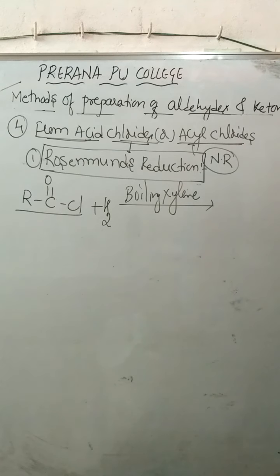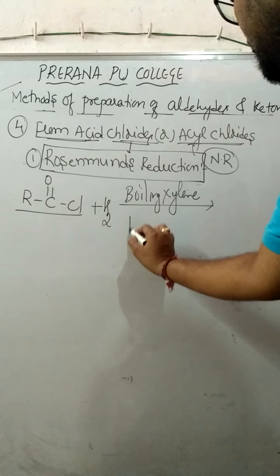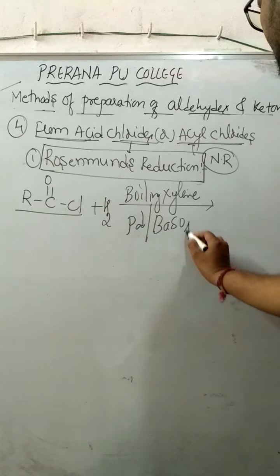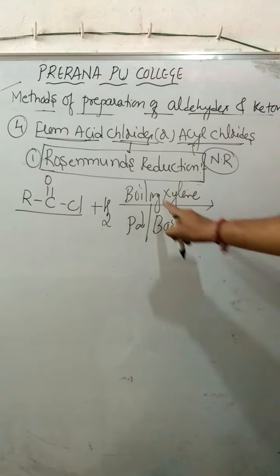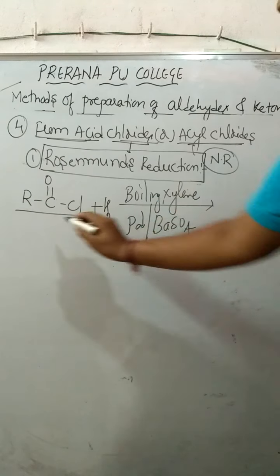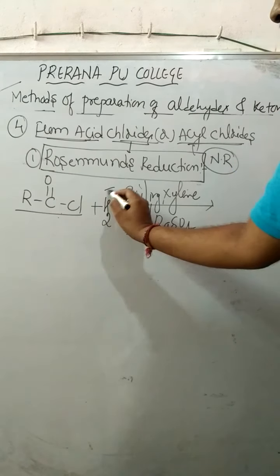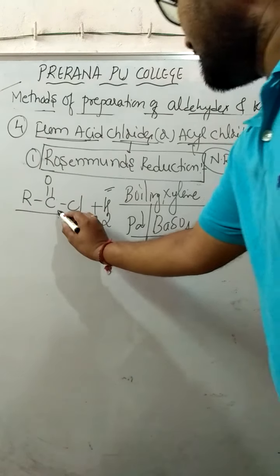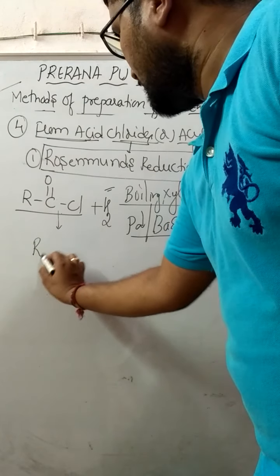Boiling xylene will be the solvent, and the reaction takes place in the presence of palladium and barium sulfate. So in the presence of boiling xylene, if acid chloride or acyl chloride is added with hydrogen in the presence of palladium and barium sulfate, aldehyde will be the major product. Now a question arises, how does this undergo ionization?